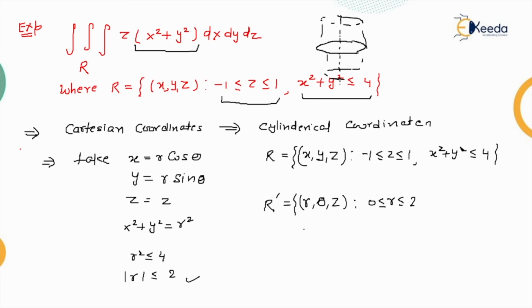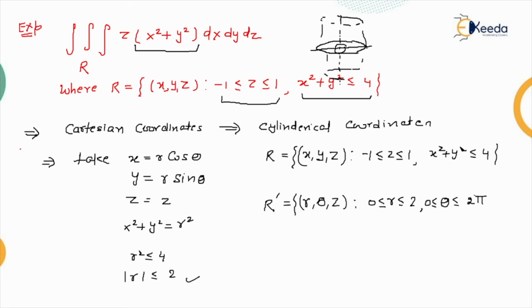And what about theta, my dear friends? If you are making a cylinder, it means your circle is moving here. So what about theta in the case of a circle? Always, if you are making a circle, this means theta varies from 0 to 2 pi.